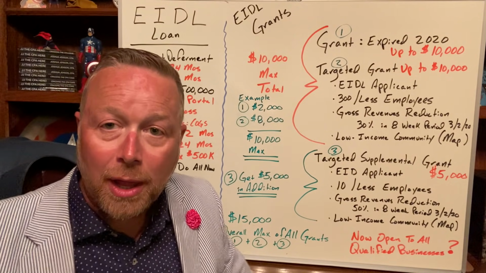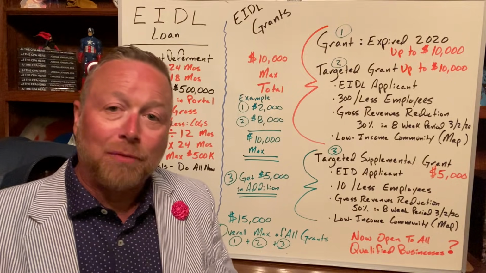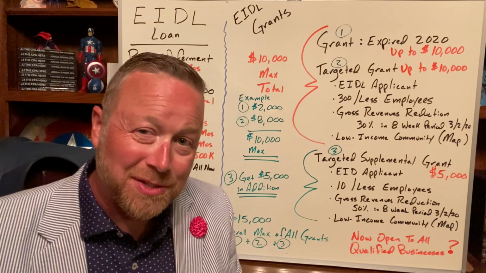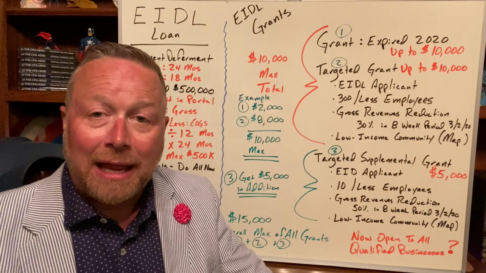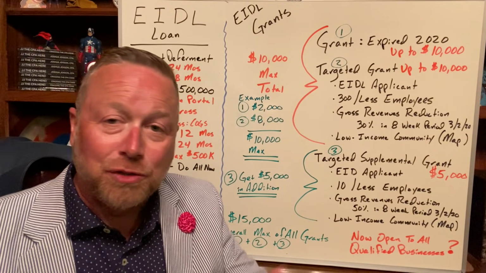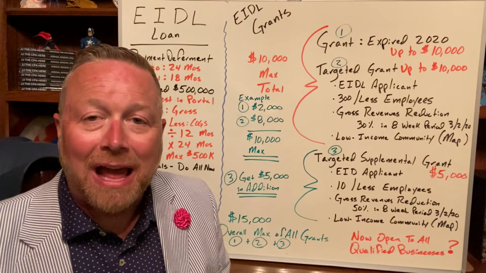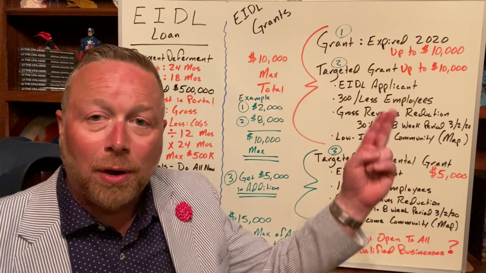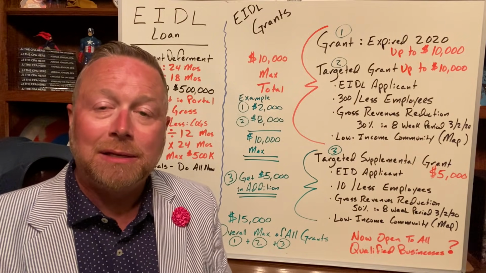I do know of a couple of circumstances where somebody has claimed that they applied for the first time for the EIDL this year, and then they just very recently got an email invite to apply for these grants, which is great.